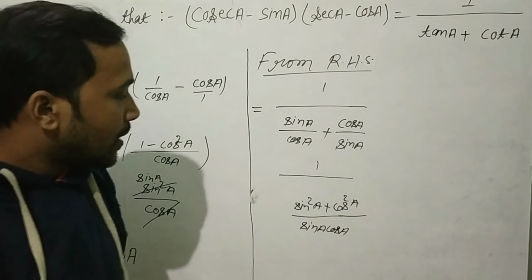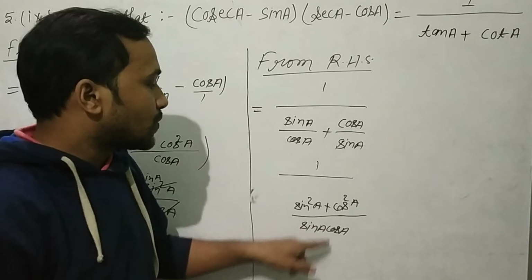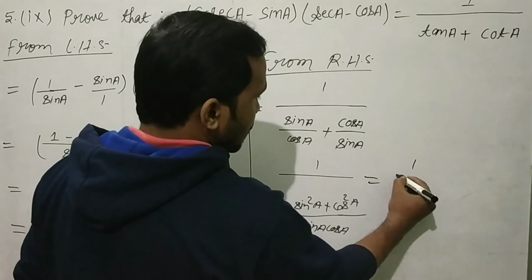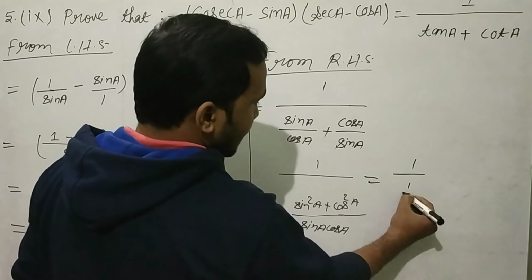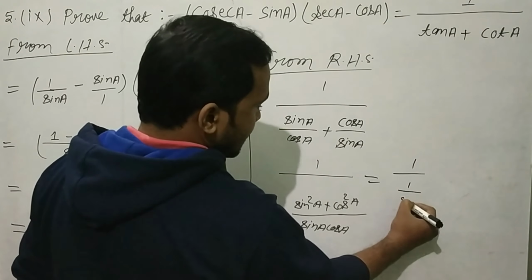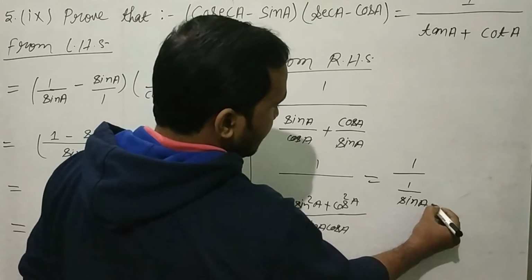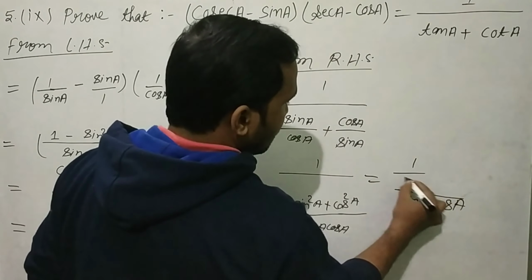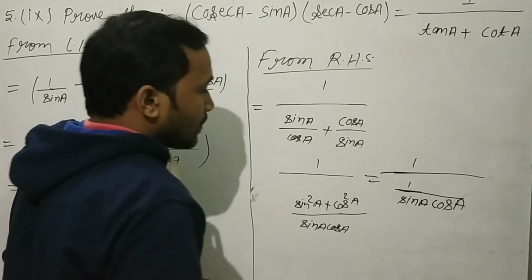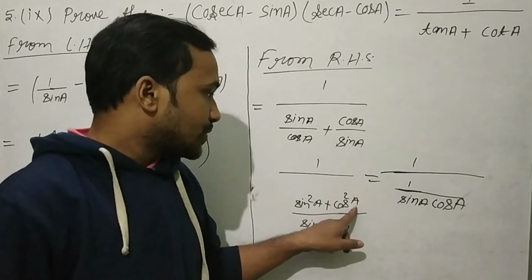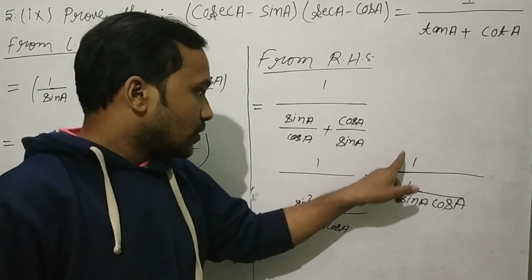And do you know the formula? Sin square A plus cos square A is equal to 1. So you will have 1 by sin A into cos A. Sin square theta plus cos square theta is equal to 1, so I write here 1 and solve this part.